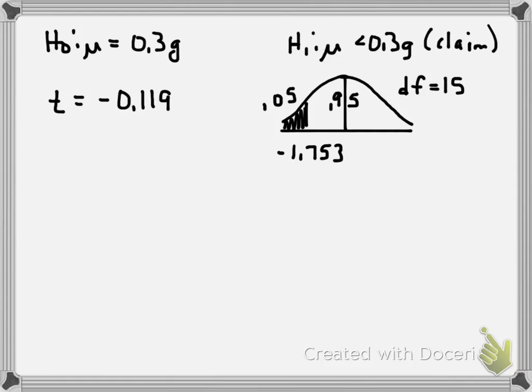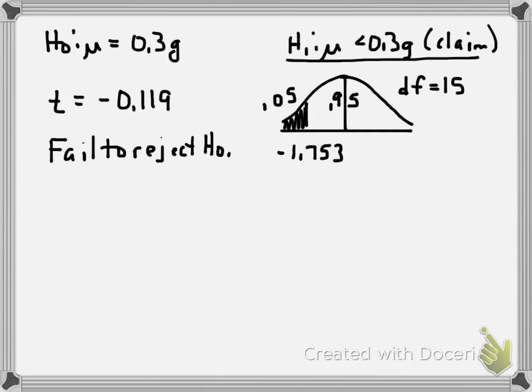So the test statistic of negative 0.119 is to the right of the critical value and not in the critical region. So that means that we fail to reject the null hypothesis. So the claim is with the alternative hypothesis, and we fail to reject the null hypothesis.